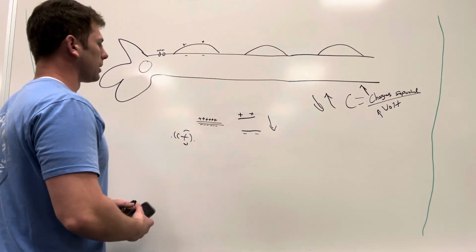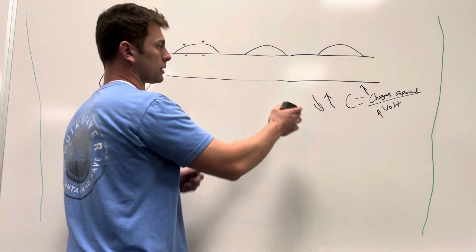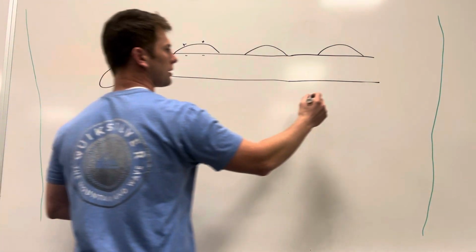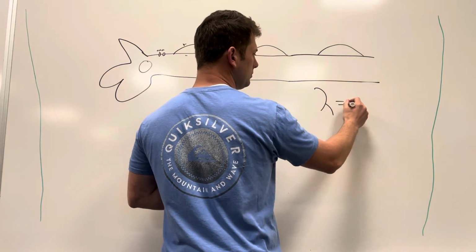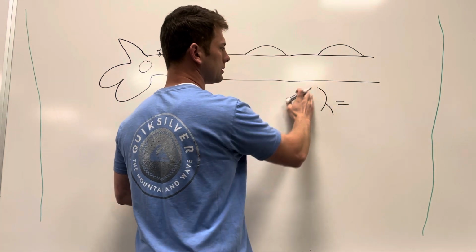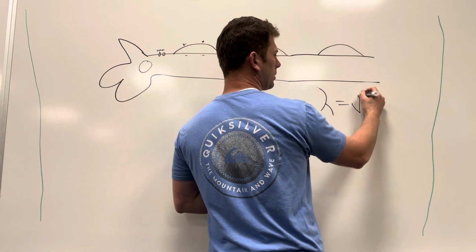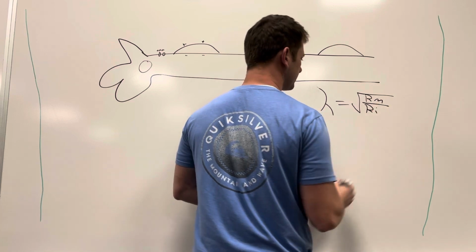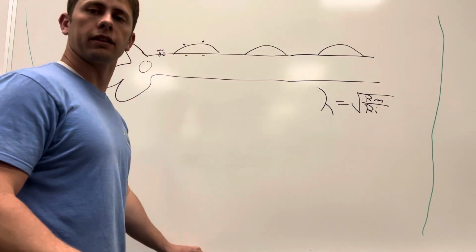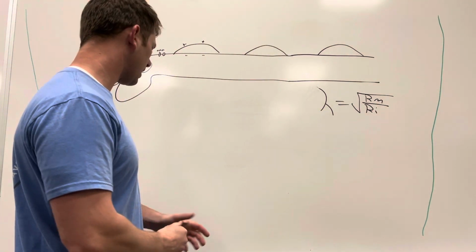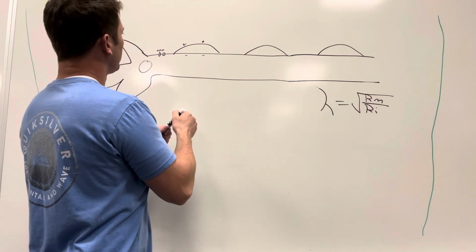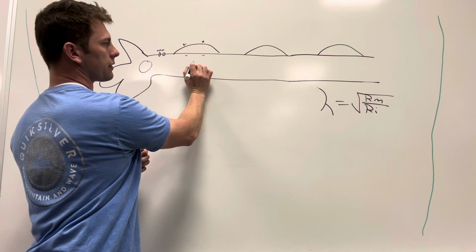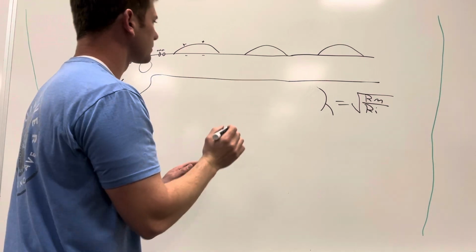Something else to keep in mind, or the other big thing we'll talk about, is length constant. And length constant, right over here, that looks like an H, whatever, doesn't matter, equals the square root of Rm over Ri. So length constant is basically how far the effects of an action potential here is felt along the axon.